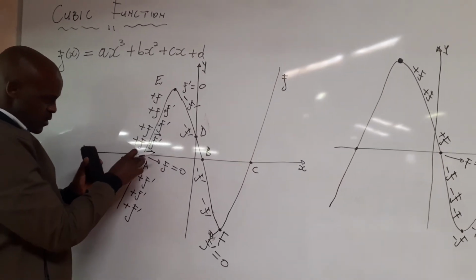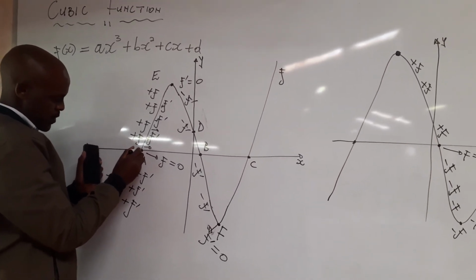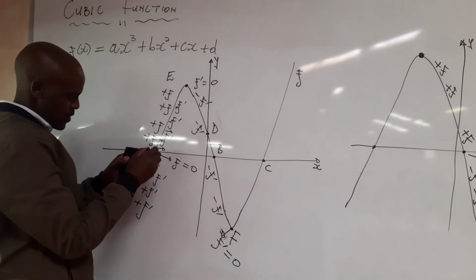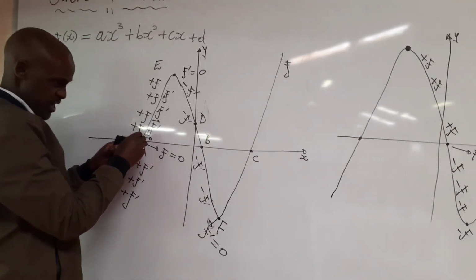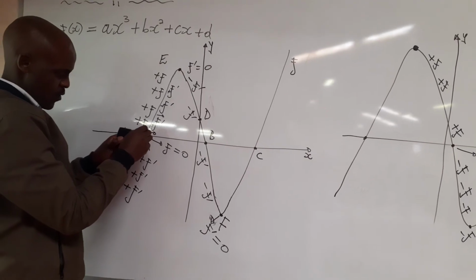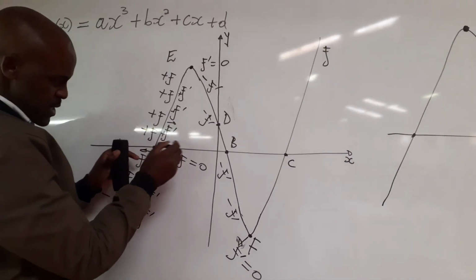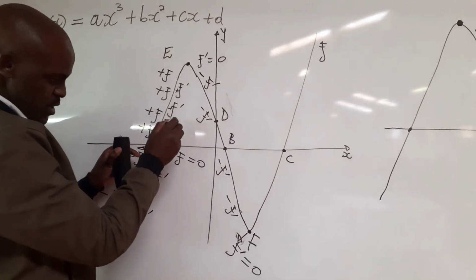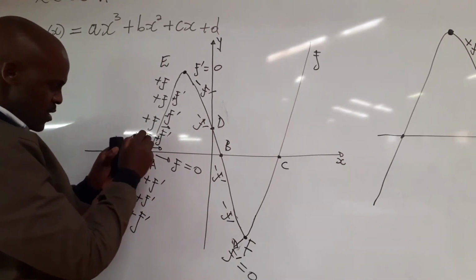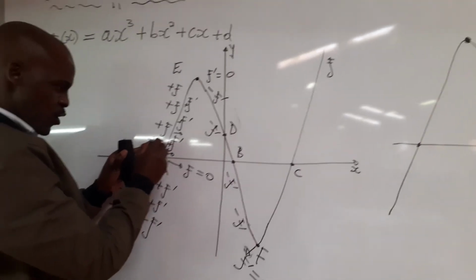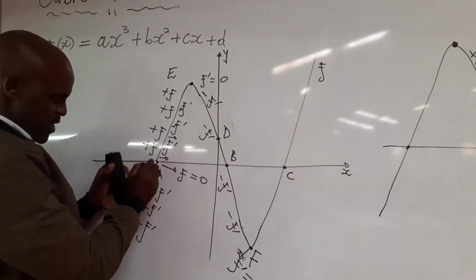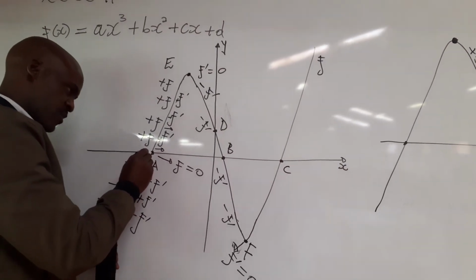So look at the values of x. It starts above point A to be positive, and x keeps on increasing. So for this to have a positive answer, x must be greater than the value of x at that point.